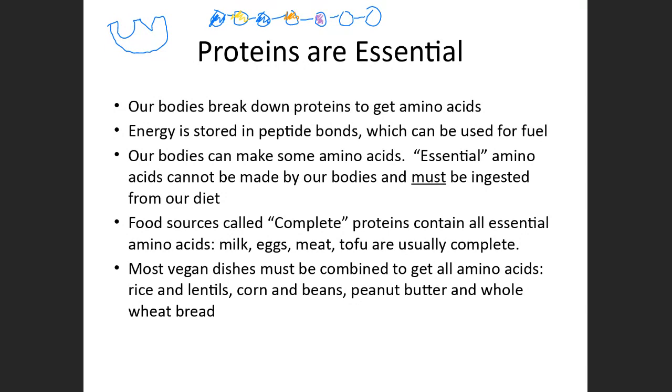Remember, there are 20 amino acids, so each of these is a different one. So you eat this, and then your body could create one that starts with green and then puts two blues in a row, and then the purple, the yellow, right? So you get the picture.